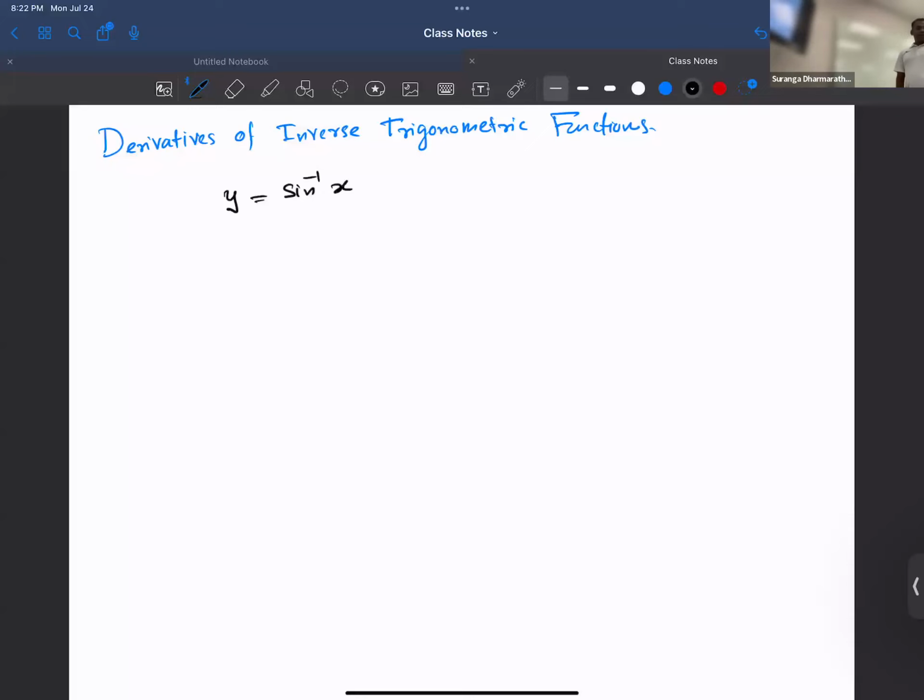So how do I find dy over dx? We can use what we learned in the previous section just before. How do I use that?